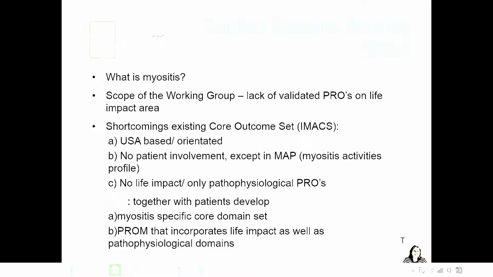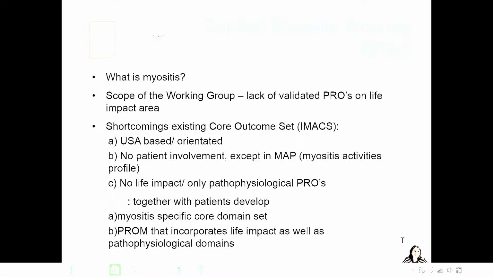There are 2 other forms of myositis called juvenile dermatomyositis and inclusion body myositis, or IBM. But because these are so different in terms of mechanism and treatment, our myositis working group decided to leave them out of our scope of research.